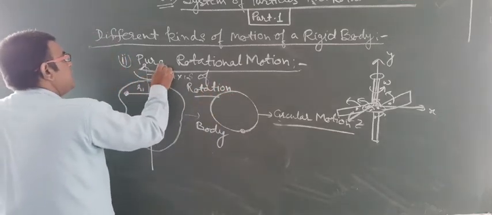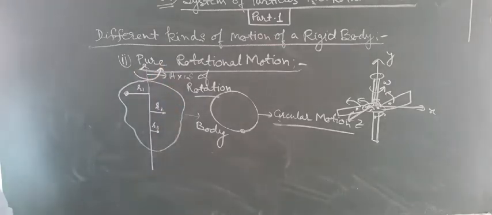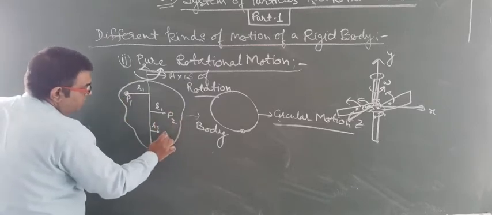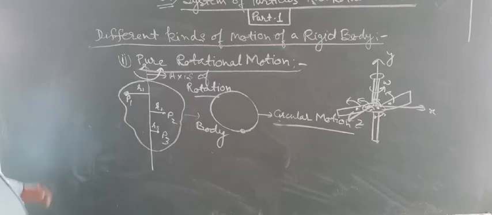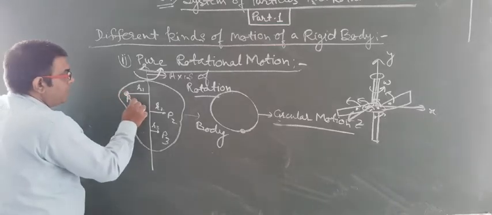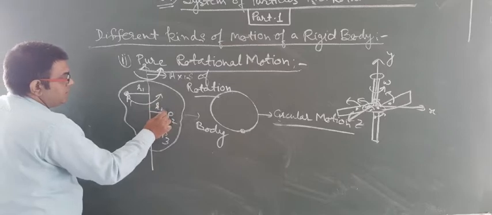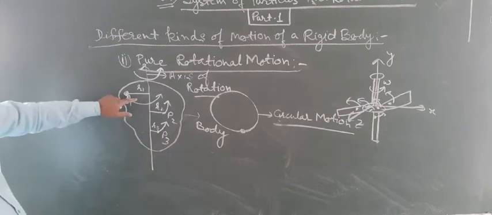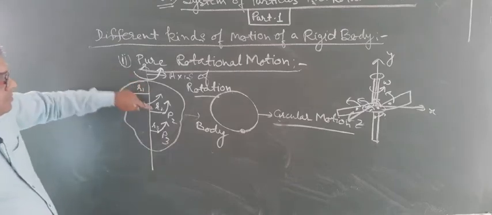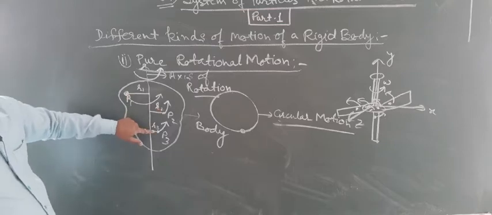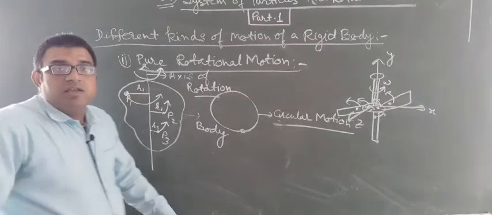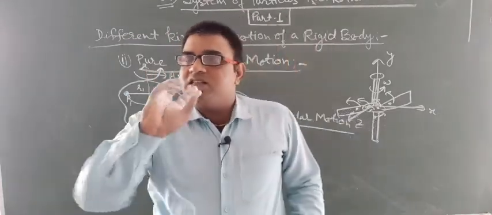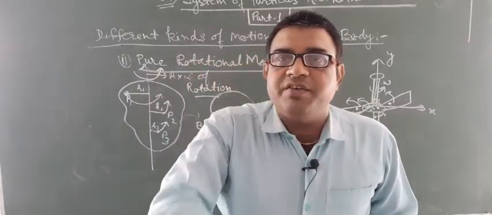If this body is rotating around this axis, and these are points P1, P2, P3, all the particles start rotating along this axis, making circular paths of radius R1, R2, and R3.